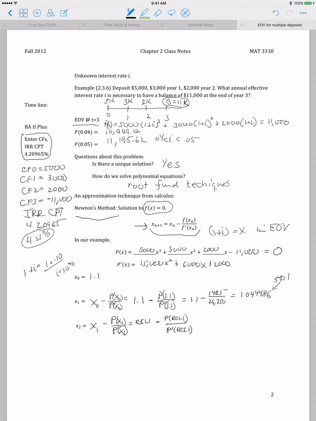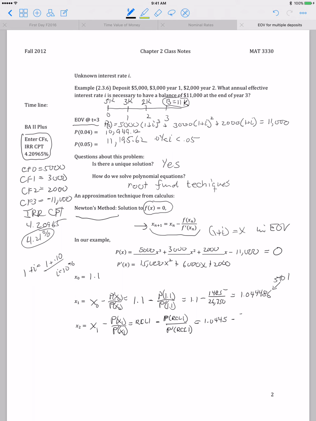So you would have to actually do these two calculations, the polynomial evaluated at 1.044486, and you'd have to calculate the derivative evaluated at that value. If you do those calculations, of course, you have all the values in my calculator, but writing them down, I'll just round to the 4th decimal place.